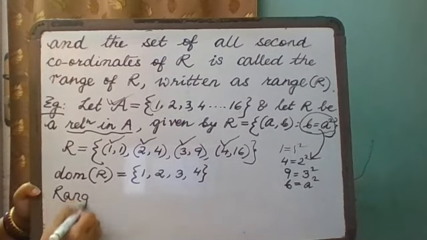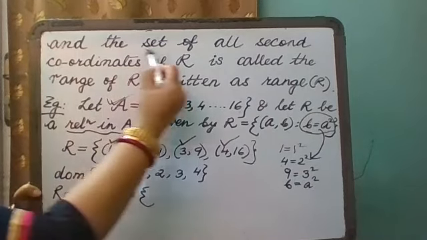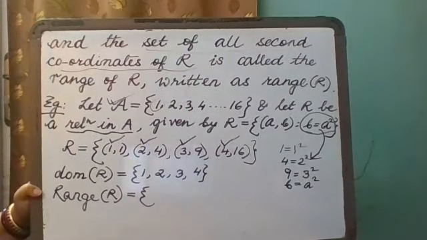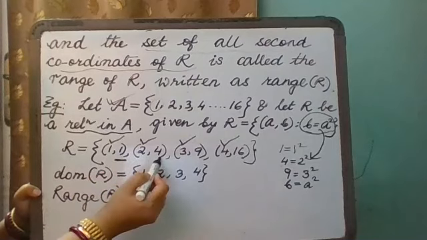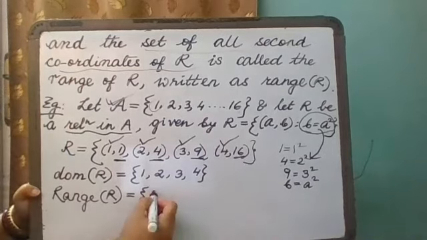Next is range of R. Refer to the definition you have written: set of all second coordinates of R, that is, second components. Which are the second components in R? In our example, 1, 4, 9, 16.